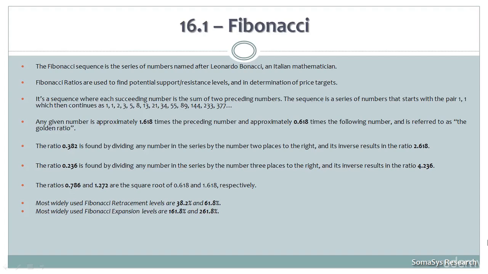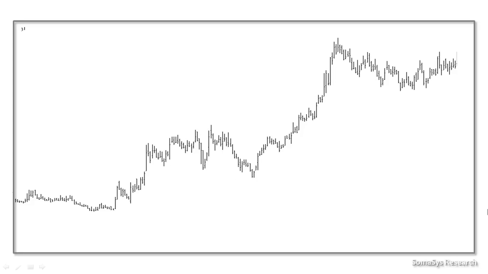Now given all the ratios, the most widely used Fibonacci retracement levels are 38.2% and 61.8%. And the most widely used Fibonacci expansion levels are 161.8% and 261.8%. Let us now understand how the levels can be put to use.